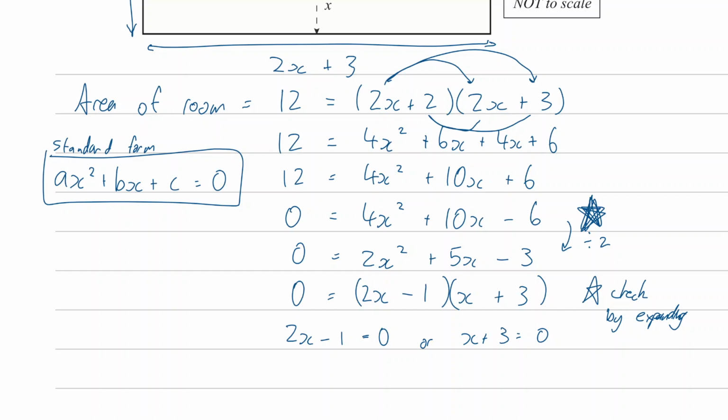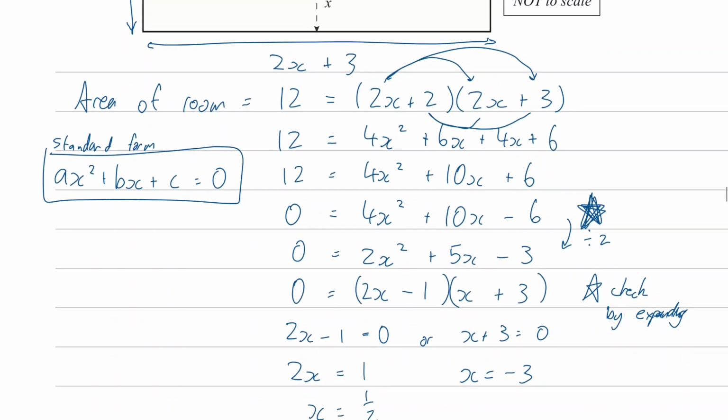So that gives us these two linear equations. Now we can solve for x, so 2x minus 1 equals 0. We could add 1 to both sides, divide both sides by 2. x plus 3 equals 0. We can subtract 3 from both sides. Okay, so we found two values for x, x equals 1/2 and x equals negative 3.